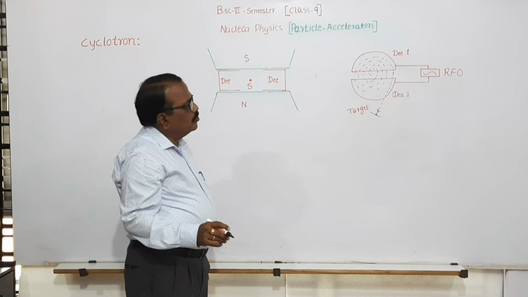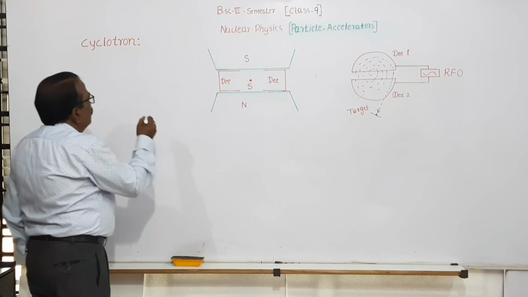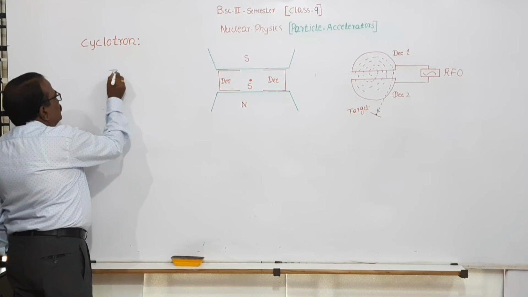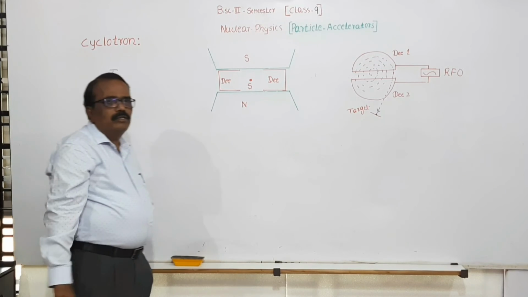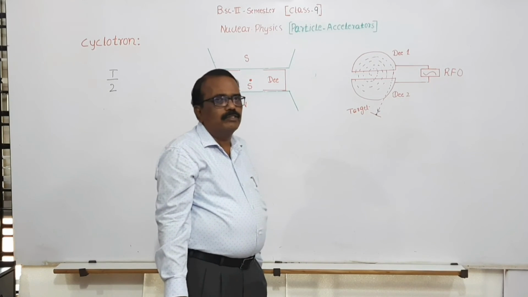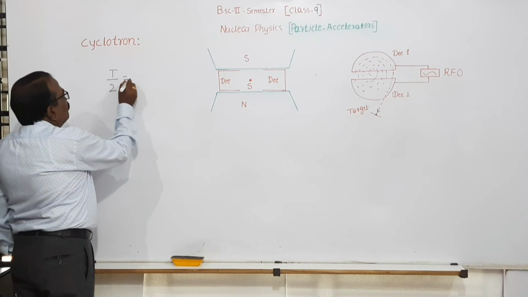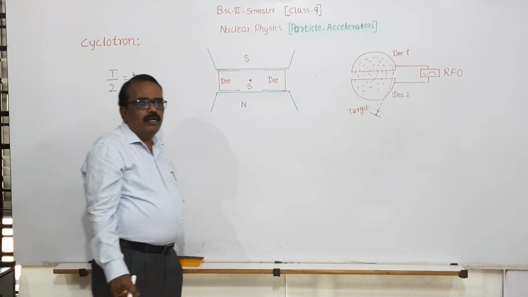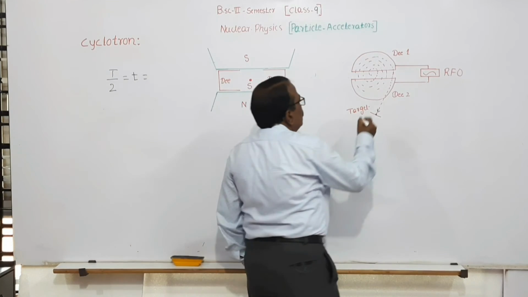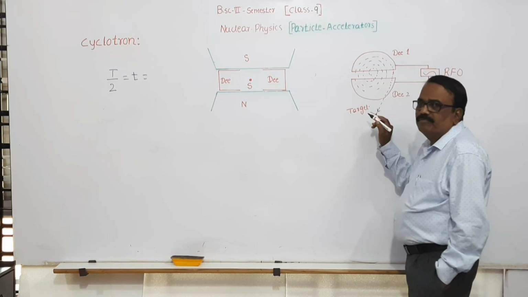Now, for this cyclotron to work, the semi-periodic time, that is T by 2, of this applied potential difference must be equal to the time taken by the ion in describing this semicircular path.